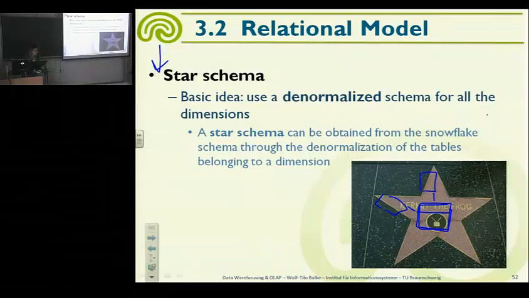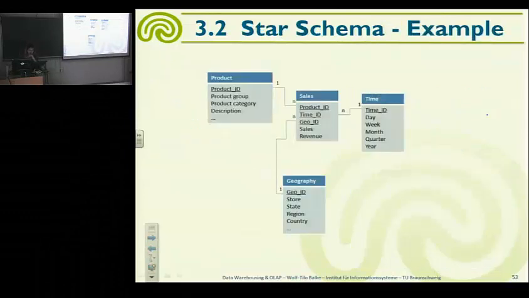So you denormalize the dimensions, and the idea is that you then start reducing these joins in the middle, and you don't have as many of these intermediate tables from the joins, and this enhances the performance and makes things a little bit quicker.